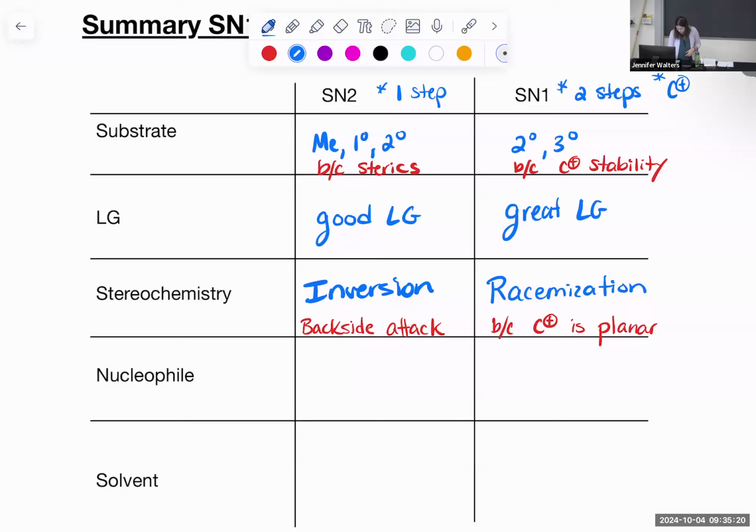For our nucleophiles, SN2 needs a strong nucleophile. SN1 doesn't care, so we'll usually see a weak nucleophile.